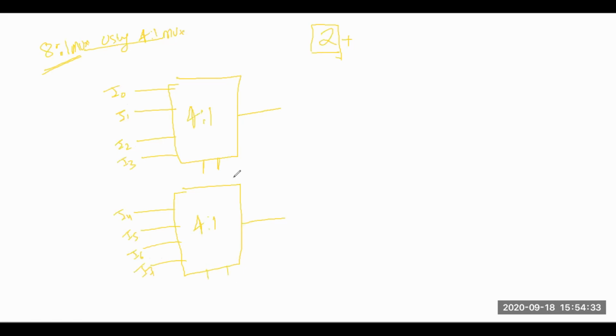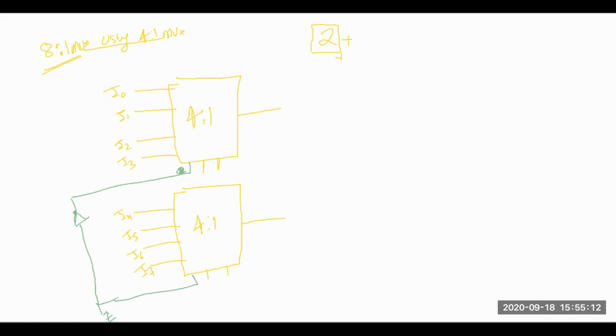Okay, now one way of designing this will be that you can take consideration of your enable pin also. If I'm considering that enable pin, this one is my E, and I'm connecting one NOT gate here, and this E I am considering.